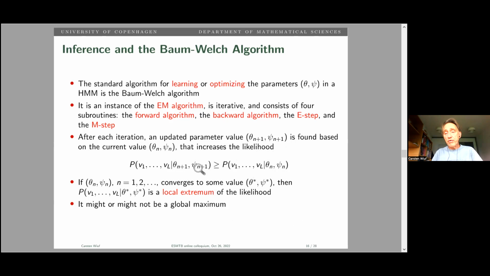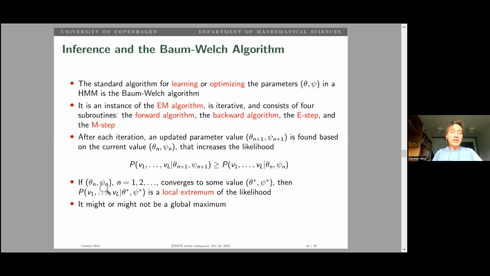This new set has the property that the likelihood of the observed sequence has increased, or at least not decreased. It might remain the same, but it does not decrease. So by iteratively finding new parameter values, we get a sequence that increases the likelihood. Once the likelihood is not really increasing anymore, we might stop and report the parameter values we found at that point.